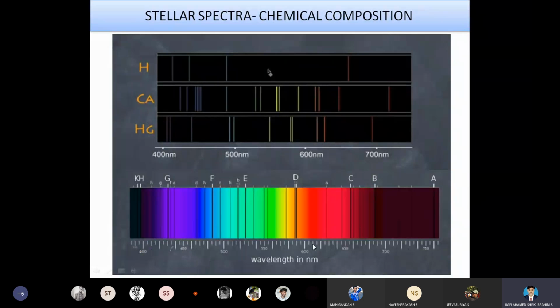We can see colors starting from gray to reddish brown. Here we can see a lot of lines where colors are missing. These lines are nothing but missing colors. As we know, spectral formation happens with respect to gaseous molecules.